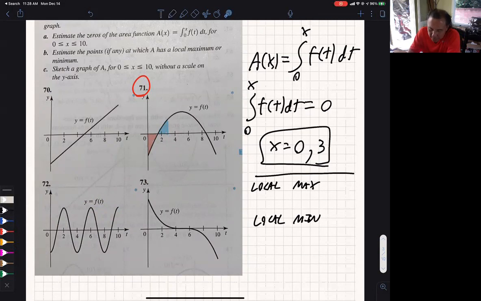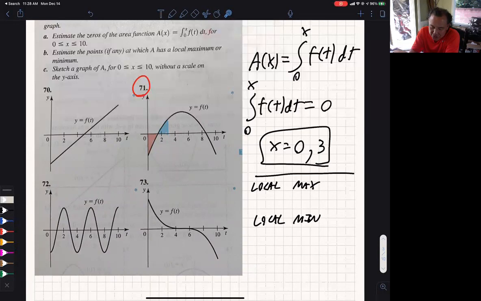As your function goes, it keeps on getting a bigger and bigger negative. It's decreasing. So you know what? I'm going to do part C first, and then I'll do part B because I think it'll be easier to see that way. No, I'm going to explain this. I'm going to do the right way.